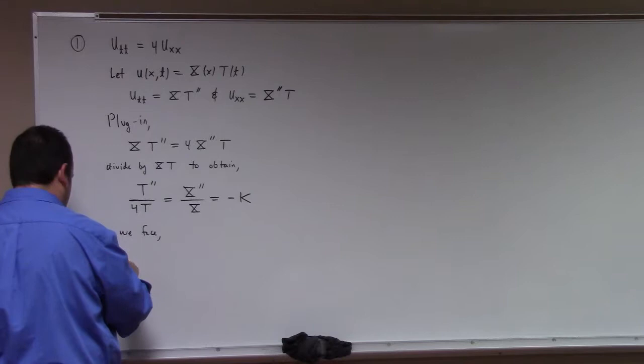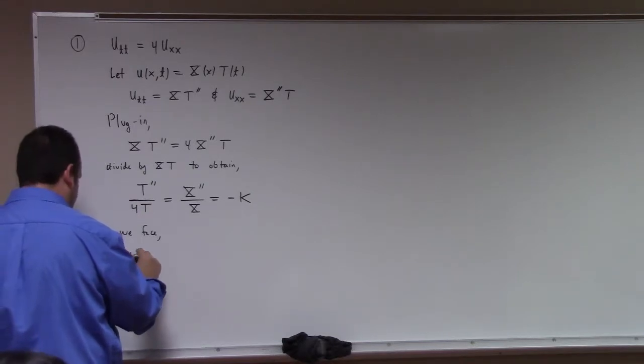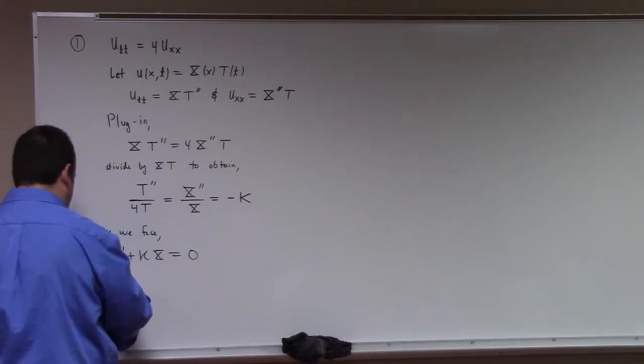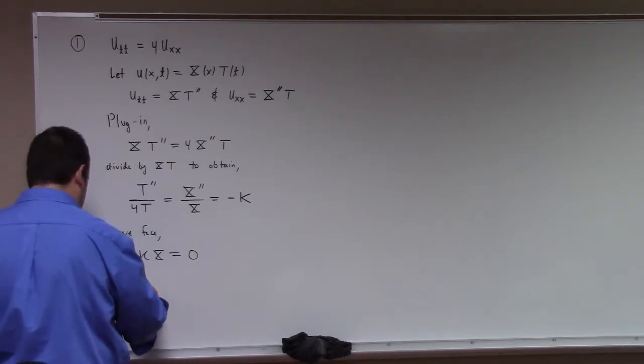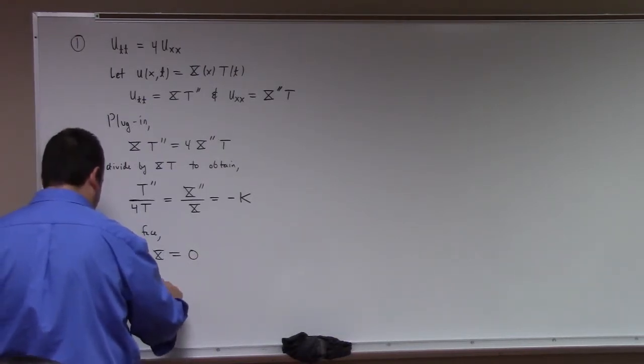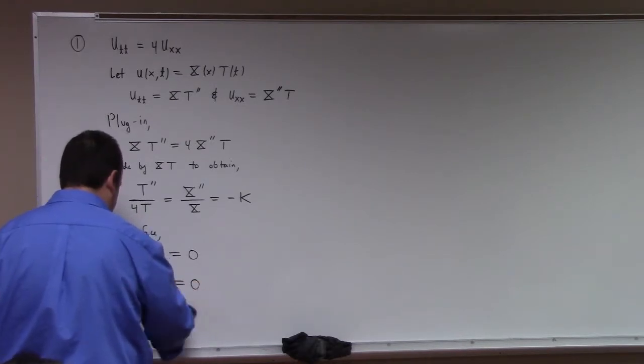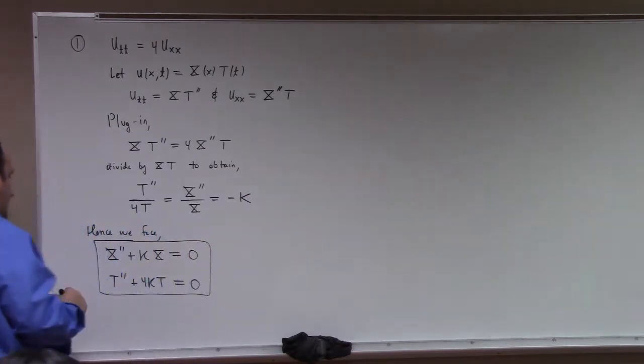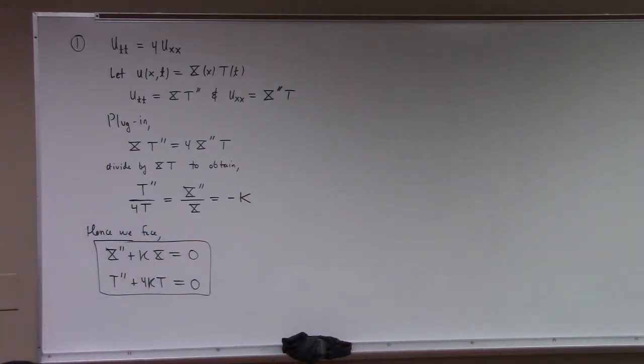We face X'' + kX = 0, and T'' + 4kT = 0. So there you go. I've taken my separation of variables and traded a given PDE for a pair of ODEs in the product solutions. So step 1 is done.